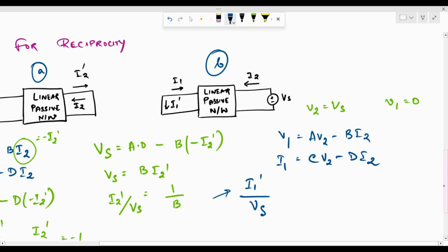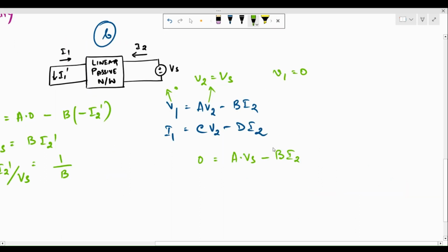So to do that, let me first replace V2 with Vs and make V1 as 0. So I'll get 0 is equal to A into Vs minus B into I2. And in the equation over here, I1 actually becomes minus I1 dash, which is equal to C times of Vs minus D times of I2.